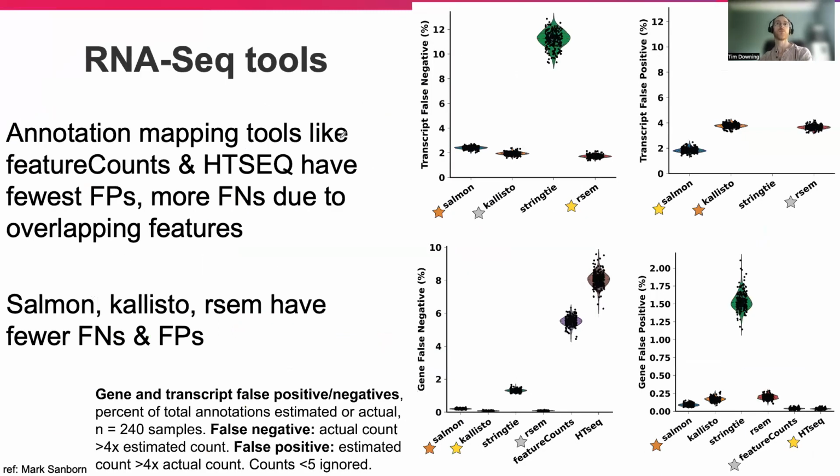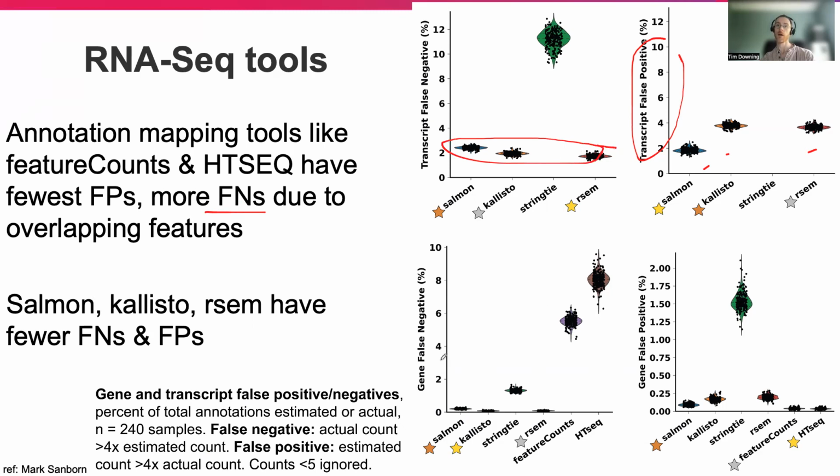At the same time, in terms of the false positive rates, which is over here in this diagram, featureCounts and HTSeq have low rates, the same for Salmon, Kallisto, and RSEM. But they have relatively more false negatives due to overlapping features. So you can see we have a similar pattern for false negatives.